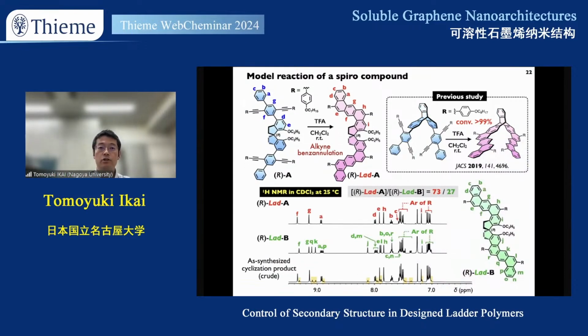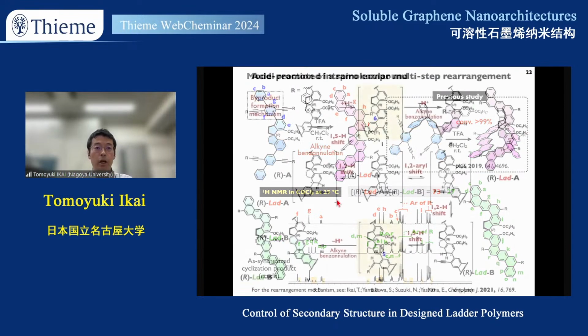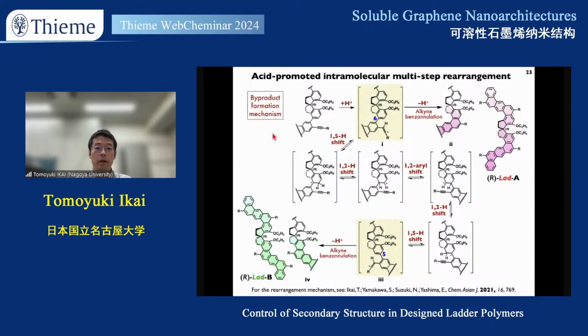So we analyzed the components and found that this byproduct, B, was also produced along with the expected compound A, based on the NMR analysis. And we proposed a byproduct formation mechanism in this paper.